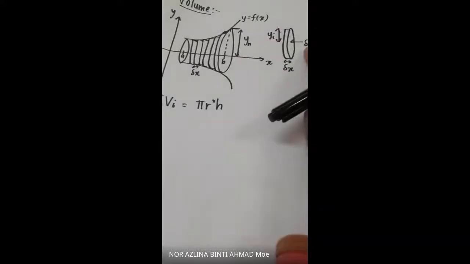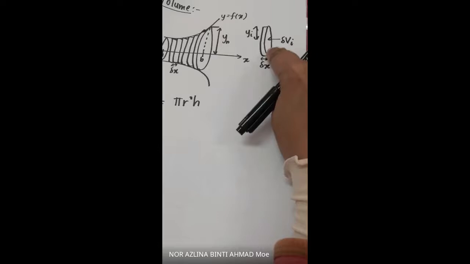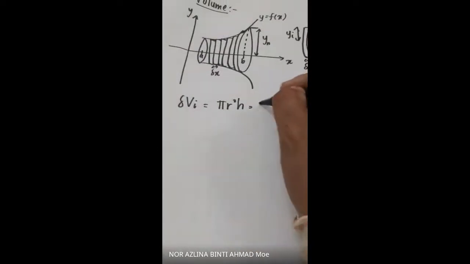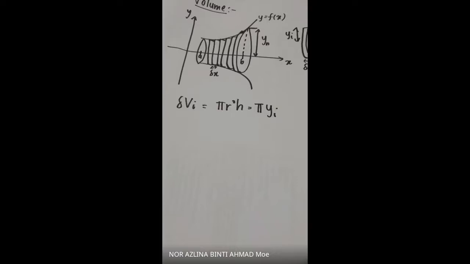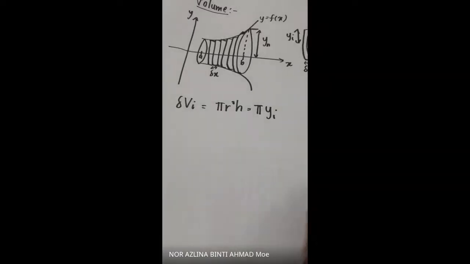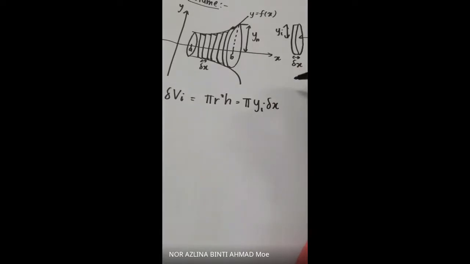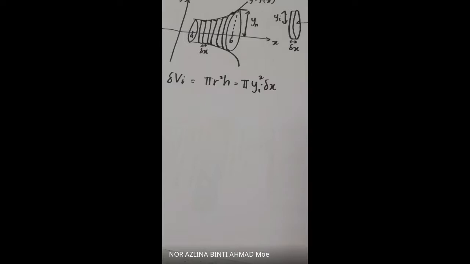So delta Vi means volume for this cylinder. Using pi r squared h, r radius is yi, and h, height of cylinder, is delta x. This is y squared.